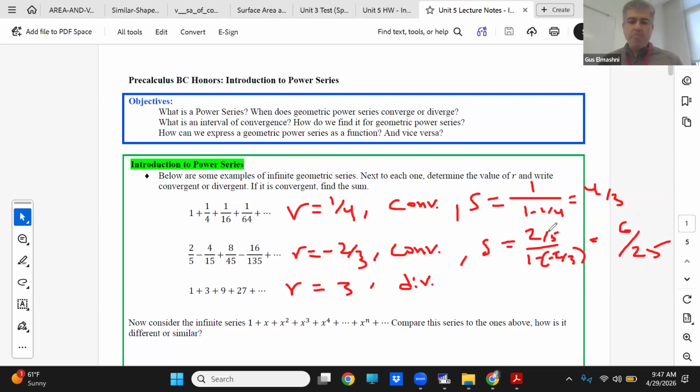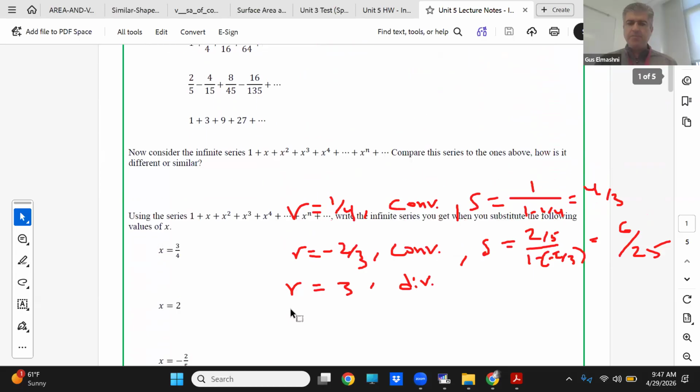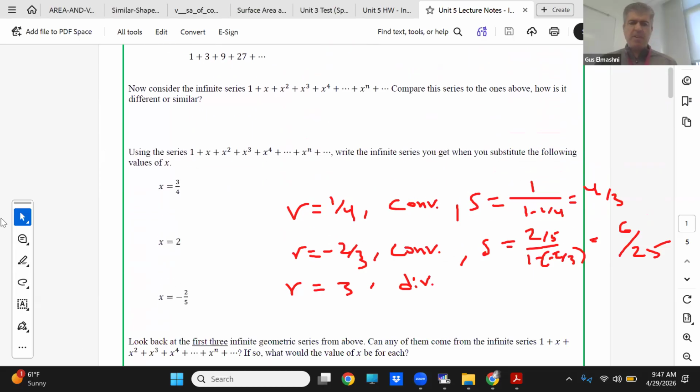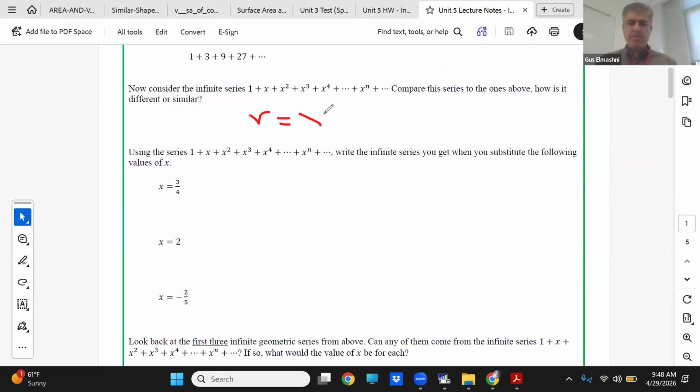All right. So next up, the infinite series. Okay, so obviously, what's the ratio for this one? X, yeah. That's pretty easy. Ratio's X. And still a geoseries.